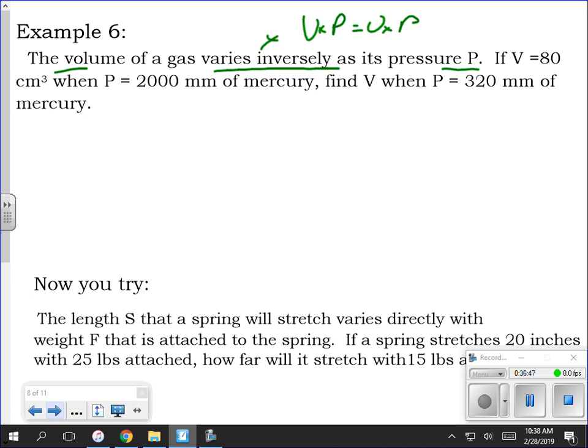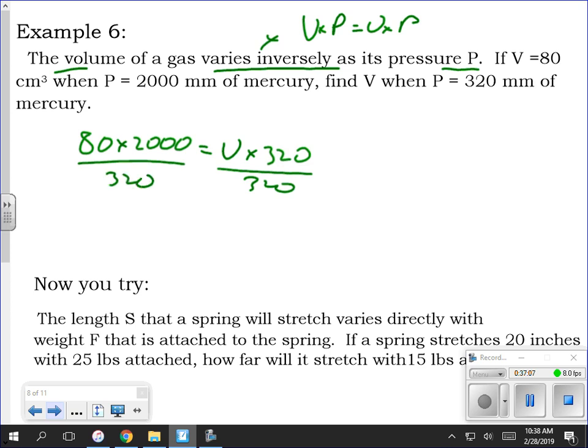Volume is 80 cubic centimeters. Pressure is 2,000 millimeters of mercury. I'm not going to worry about the units. So 80 times 2,000 is equal to V times 320. Divide both sides by 320. Okay, well, 80 times 2,000 divided by 320 works out to be 500.